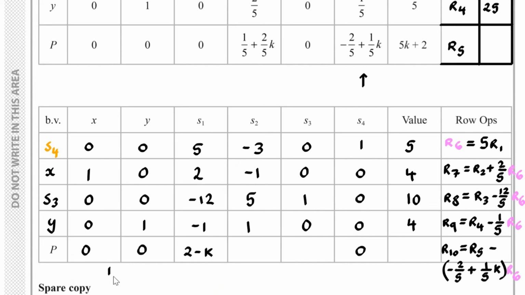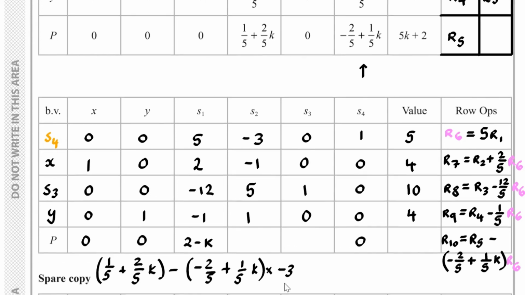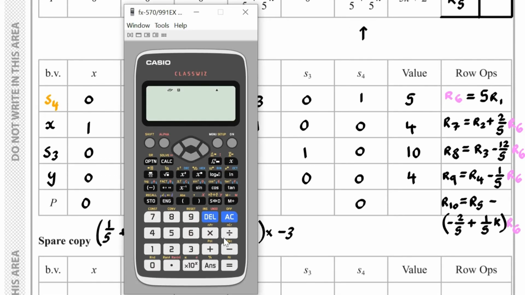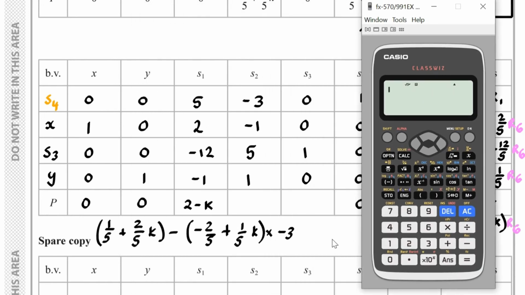Next, I've got 1/5 plus 2/5 k subtract negative 2 over 5 plus 1 over 5 k times by minus 3. So if we work this out, well, minus and a minus give a plus, so that's going to be plus 3 times.